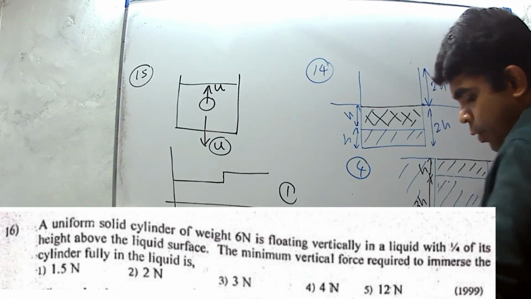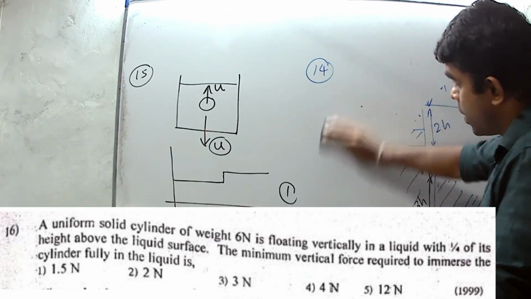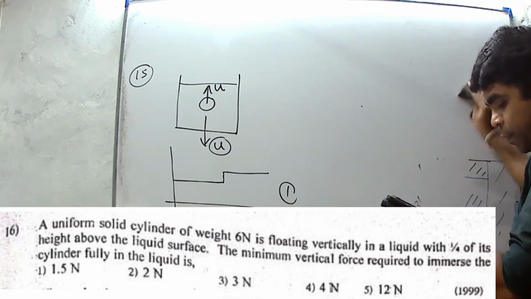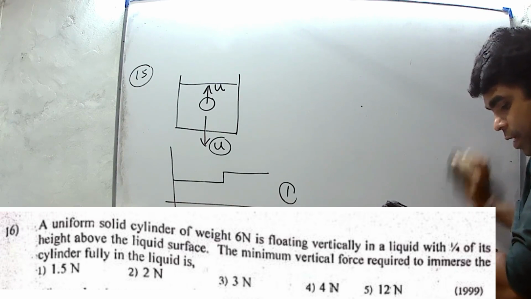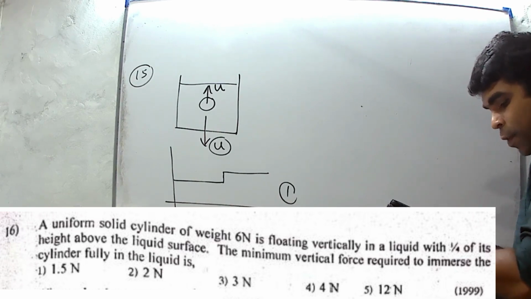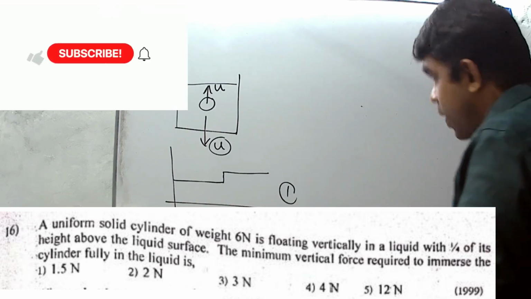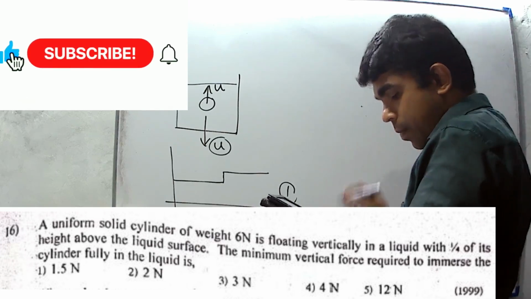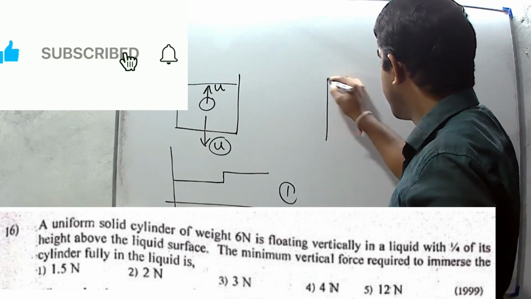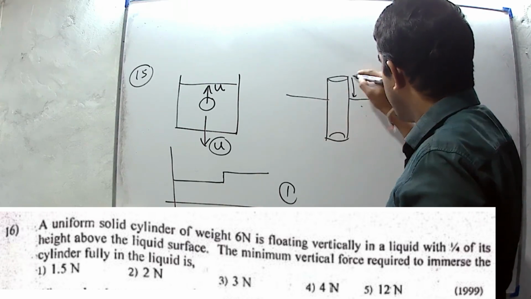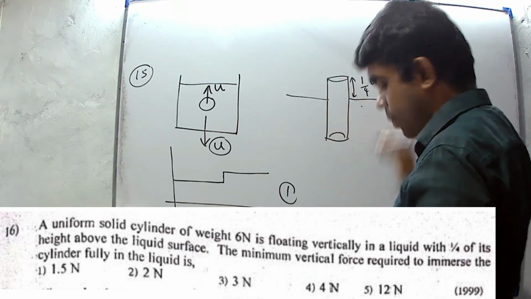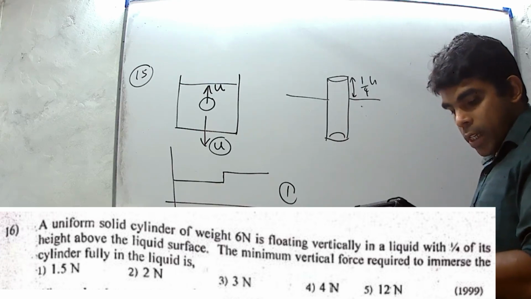A uniform solid cylinder of weight 6 Newton is floating vertically in a liquid with 1/4 of its height above the liquid surface.